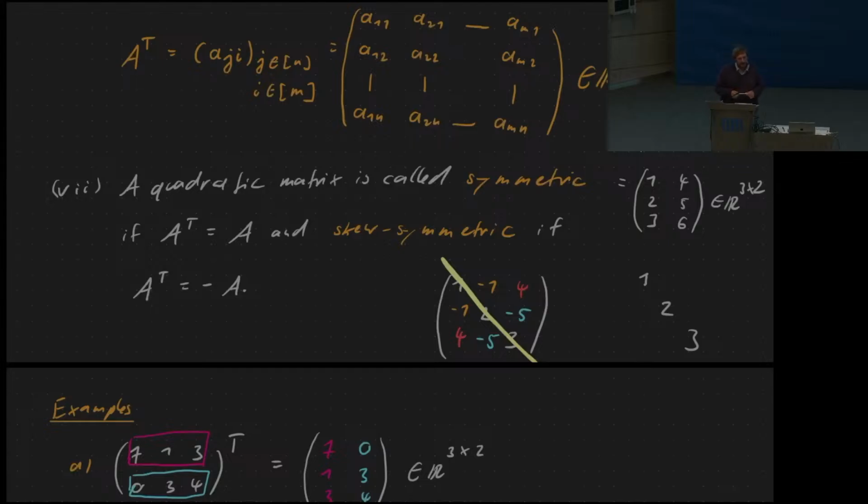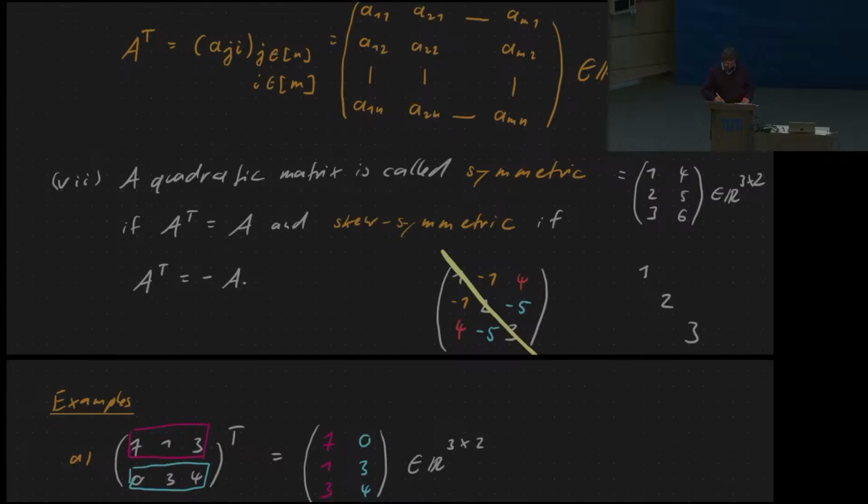Because we already said the diagonals always land on itself, right? So the 1 gets mirrored to the 1 by transposition. And of course, 1 can't be equal to -1. So for a skew symmetric matrix, I always need to make sure that the diagonal is zeros. Can't work any other way.